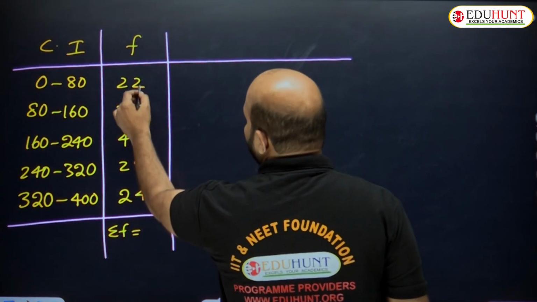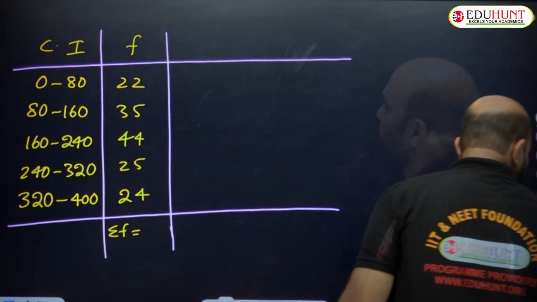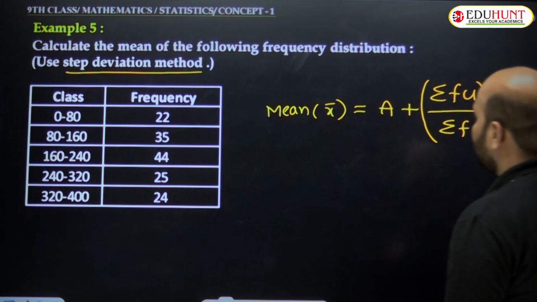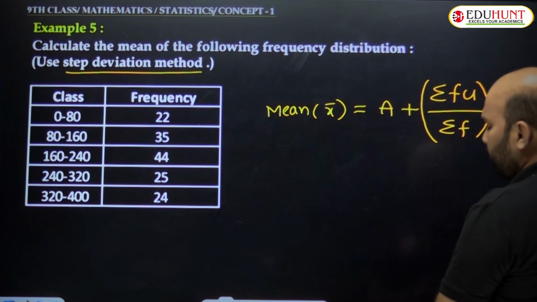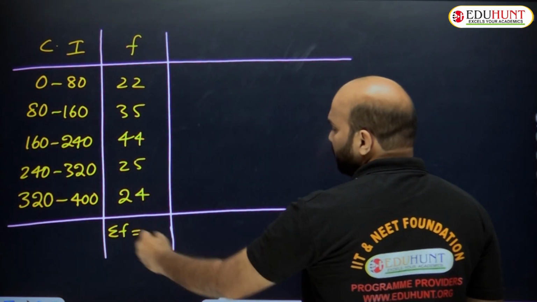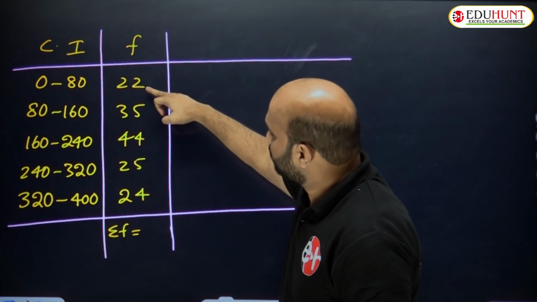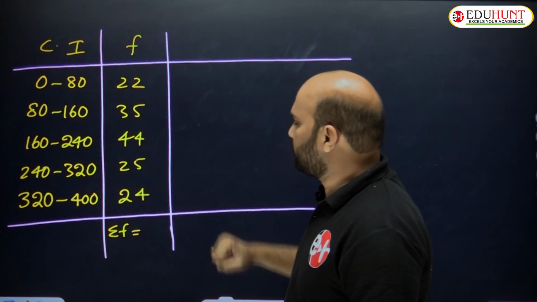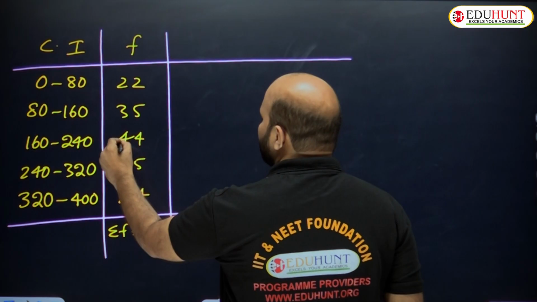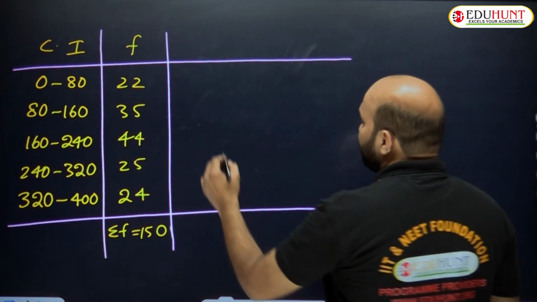Adding the unit place values: 2 plus 5, 7, 7 plus 4, 11, 11 plus 5, 16, 16 plus 4, 20, carry 2. Then 2 plus 2, 4, plus 2, 6, plus 4, 10, plus 3, 13, plus 2, 15. So sigma f is 150.